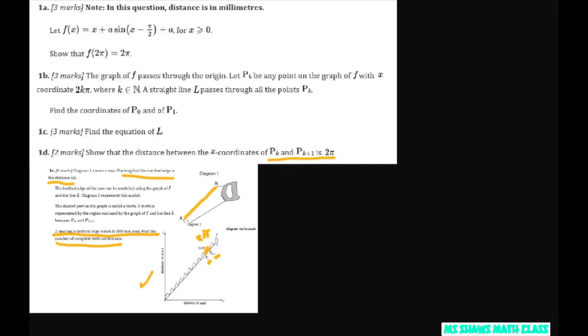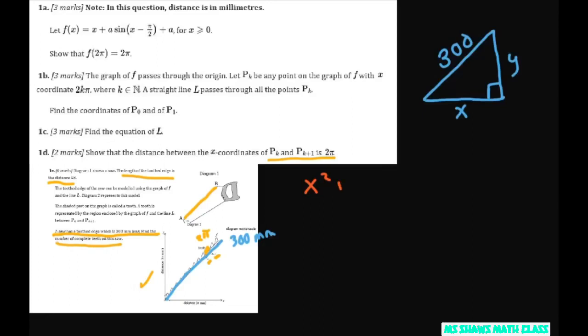So basically, I'm just going to draw a simpler triangle here. It's a right triangle. This would be your x, this is your y, and it says this distance here is 300 millimeters long. So I can use the Pythagorean theorem, x squared plus y squared equals 300 squared.